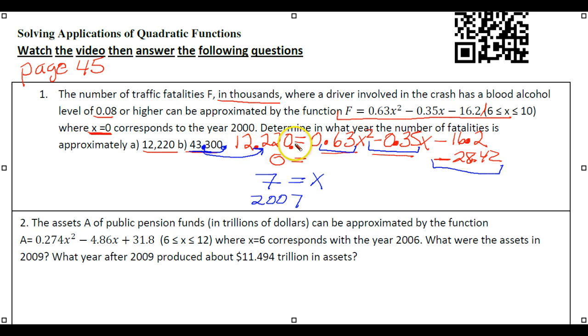Now subtract this from both sides. And this time it becomes a negative 59.5. So our A term is the same.